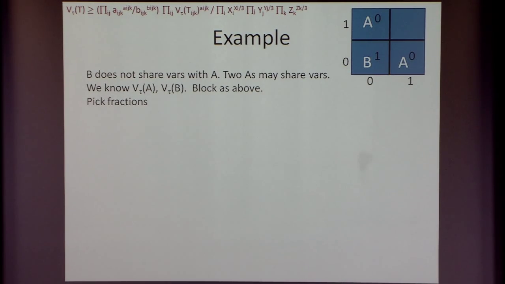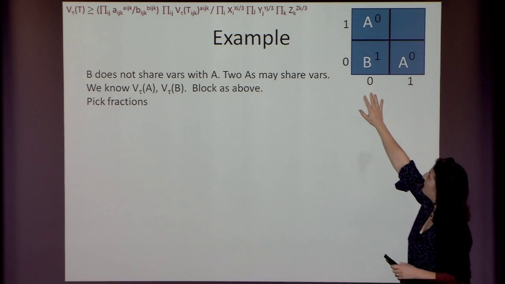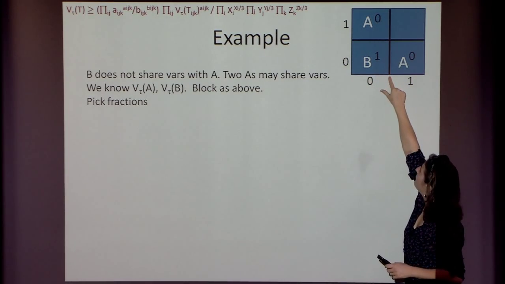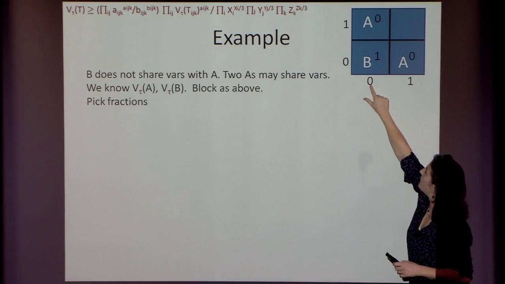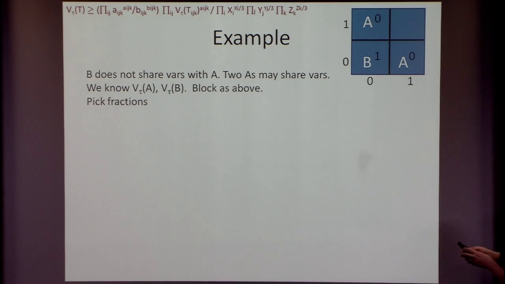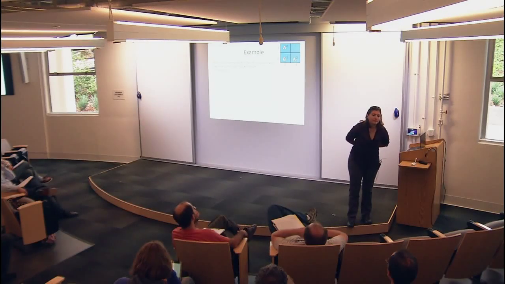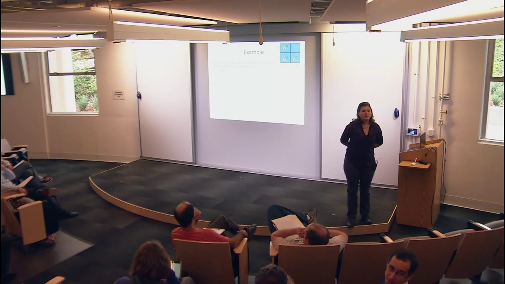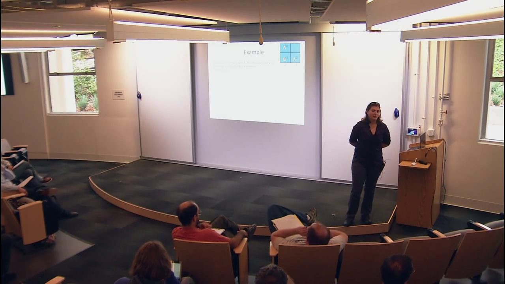Okay, and now I can get this blocking. It's a natural blocking. I put all the first X variables here in block 0, the second into block 1, 0 and 1, and then the variables of A get mapped to block 0 and there. The two A's are two identical tensors. They don't have to be identical; they just have to have the same value, and they can share variables.